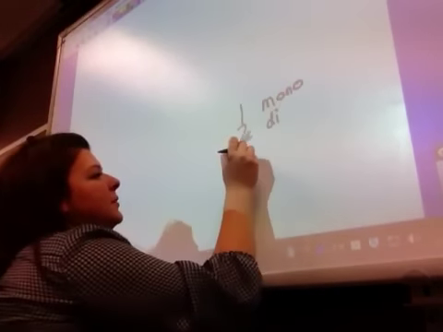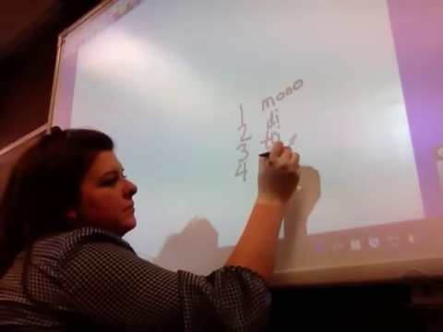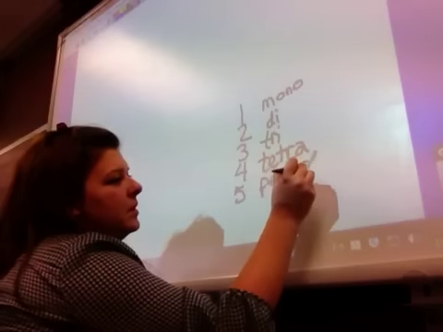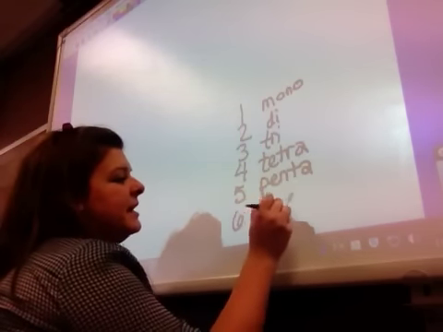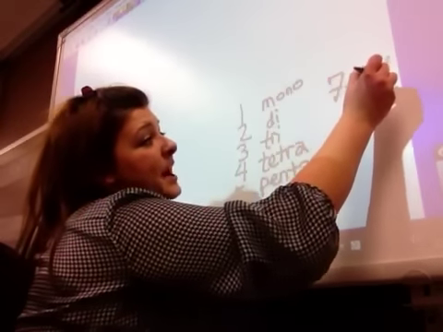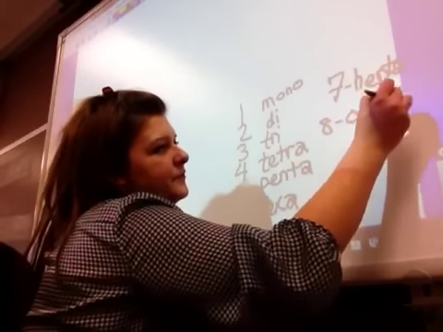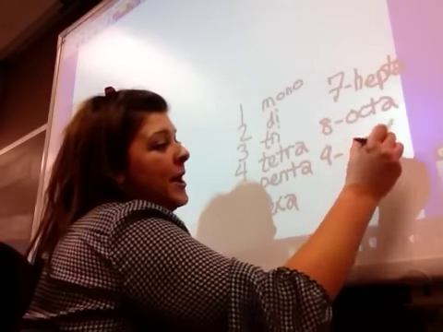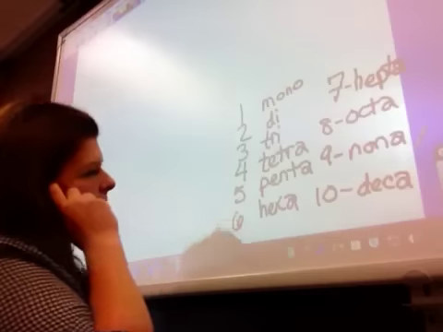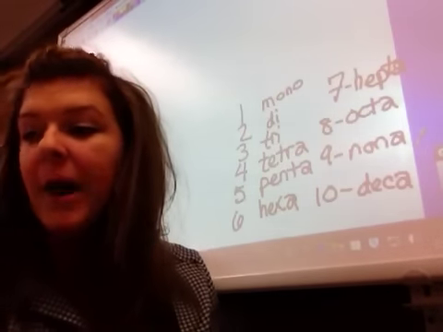The prefix for 3 is tri. 4 is tetra. 5 is penta. 6 is hexa. 7 is hepta. 8 is octa. 9 is nona, and 10 is deca. So those are the prefixes that I'd like you to fill in, the prefix name that corresponds with that box.